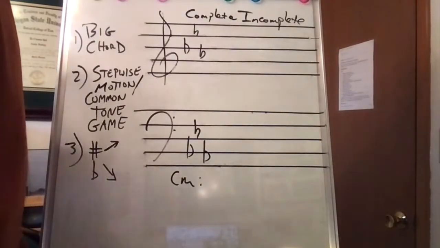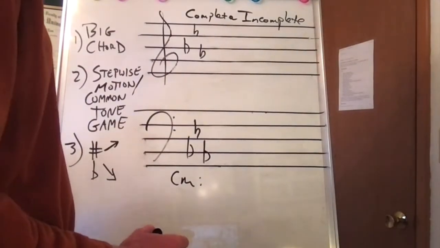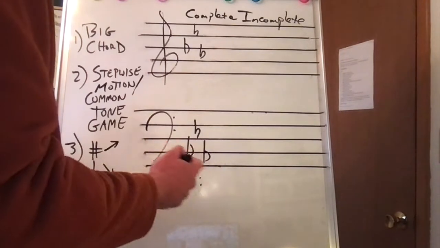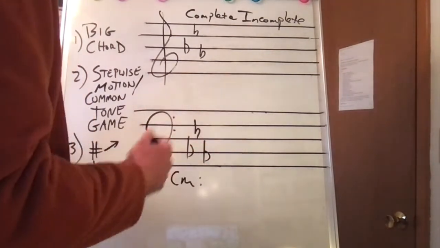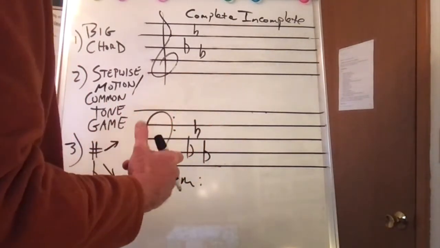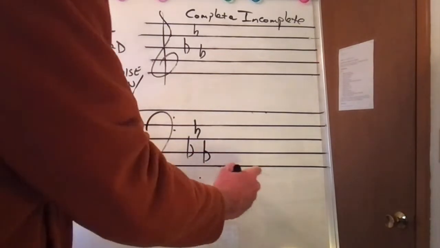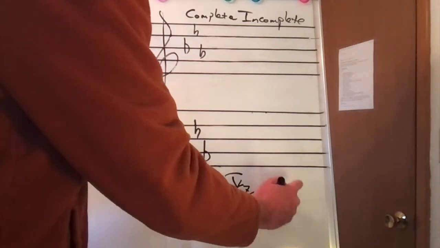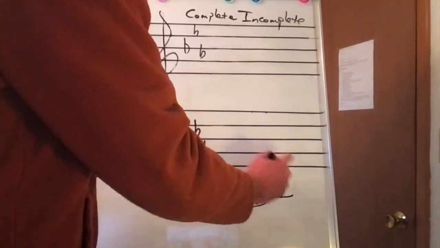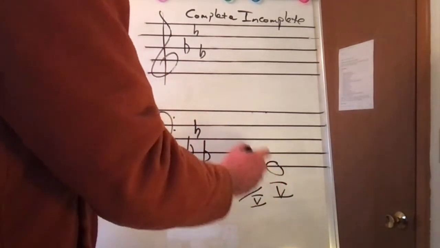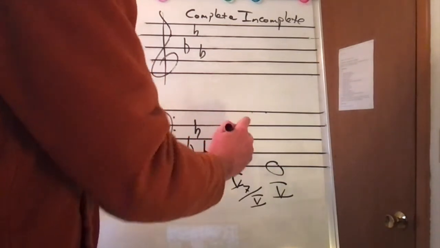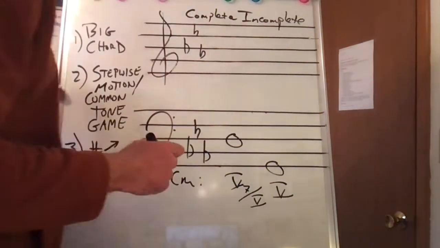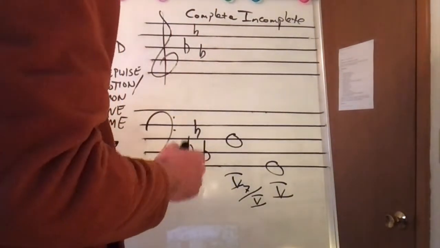Okay, so if we're in the minor mode, C minor, again, your formations are going to look very similar to what you had in C major, but we have to reconcile the accidentals. So let's look at what that would look like. So here we have a V7 of V going to V, okay? And again, our goal is G, so a perfect fifth higher than that is D. And so here I need a D dominant seventh chord, and so that's a D, F sharp, A, C chord.